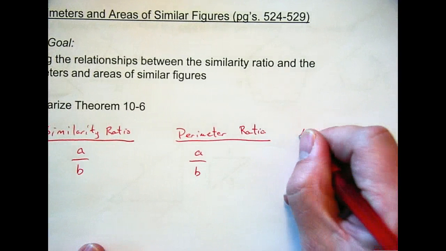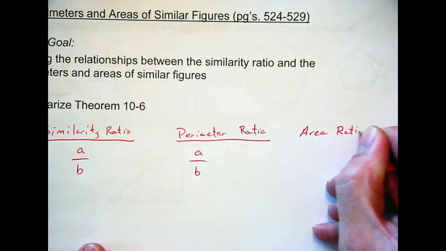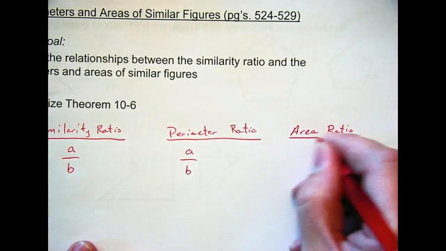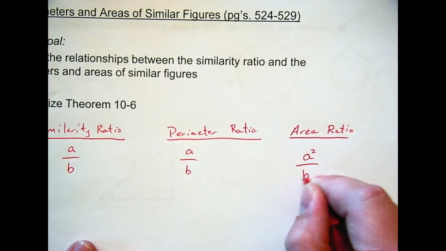Versus an area ratio, if you think in terms of our labels, those are square units, right? You're measuring in 2 dimensions. So area ratio is A squared to B squared.